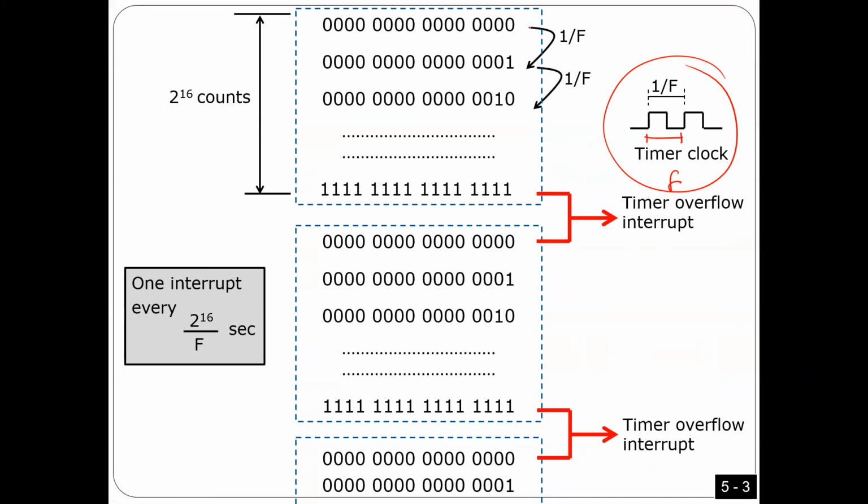So every 1 over f, the counter is going to be incremented by 1. Makes sense, right? Because I told you for every cycle, the counter is incremented by 1. So if the time here is t, which is 1 over frequency, then for every time t, the counter is incremented by 1, right?